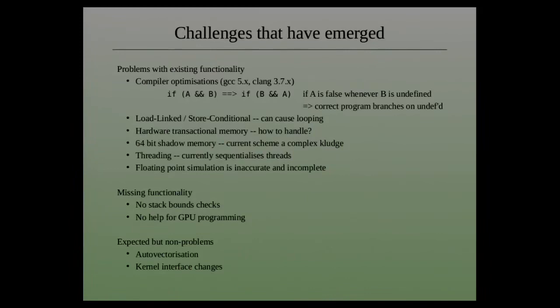There's a couple of things that are quite concern-causing, one of which is the load linked and store conditional problem. So on every architecture except x86, we have a more modern way to do atomic memory accesses, which is important between threads.